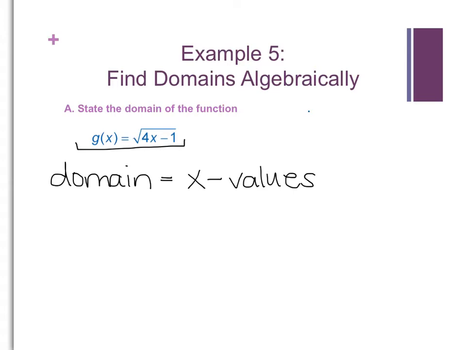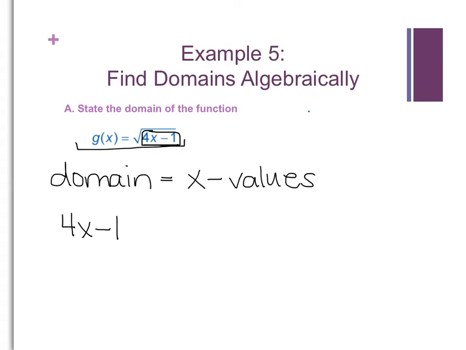Now, one thing we need to do is think about what values can go underneath a square root. A square root can only be 0 or a positive number. So we know that 4x minus 1, the expression that we have underneath the square root, right here, can only be 0 or larger than 0.